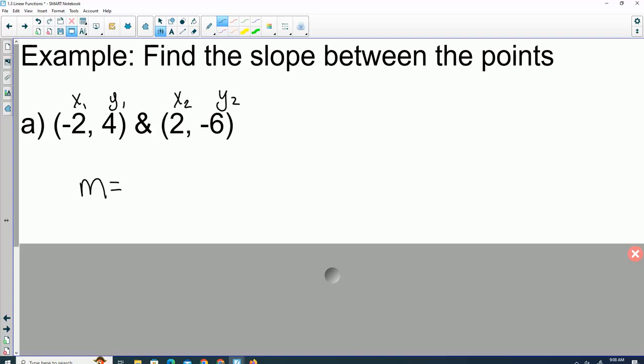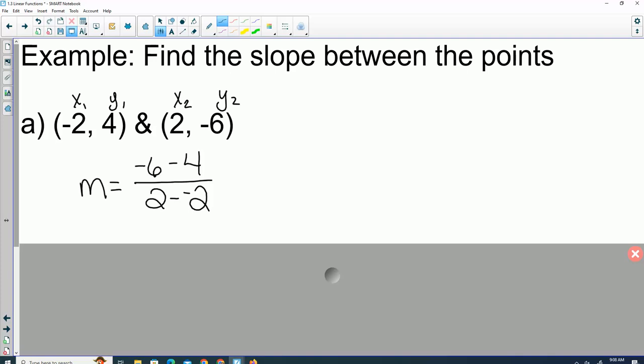So the formula we wrote down, slope is y2 minus y1 over x2 minus x1. So we're just plugging into that.